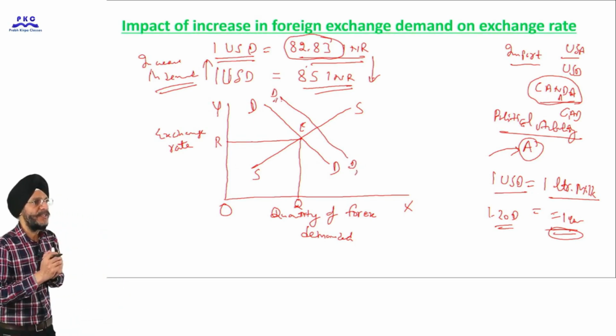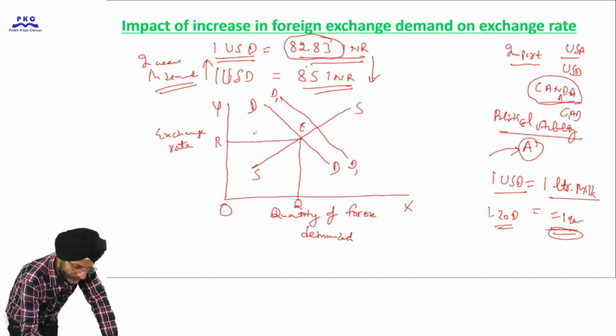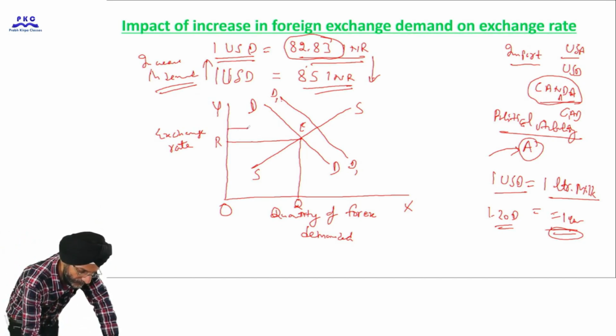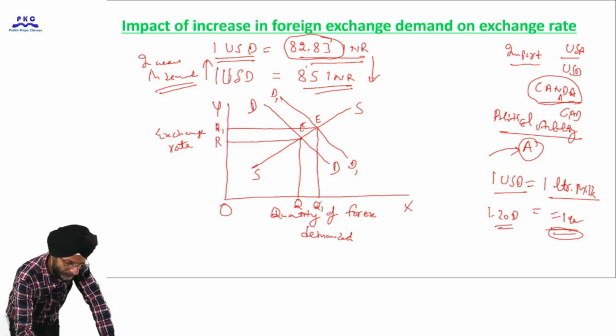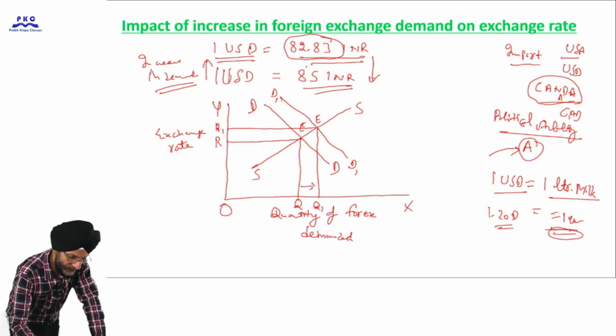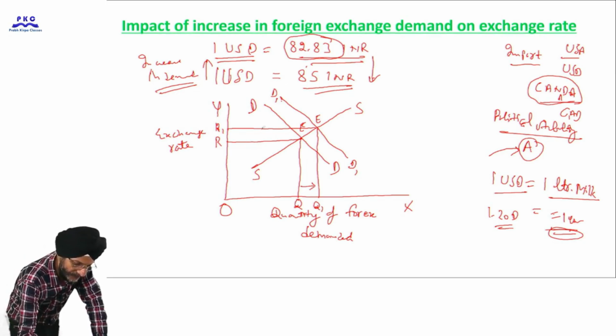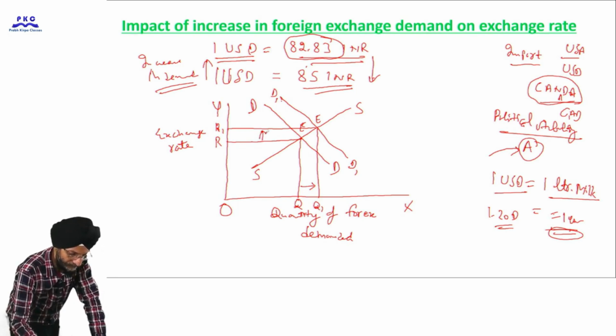The equilibrium point also shifts upward, and the rate increases. So when the quantity demanded has increased from OQ to OQ1, the exchange rate has increased from OR to OR1.